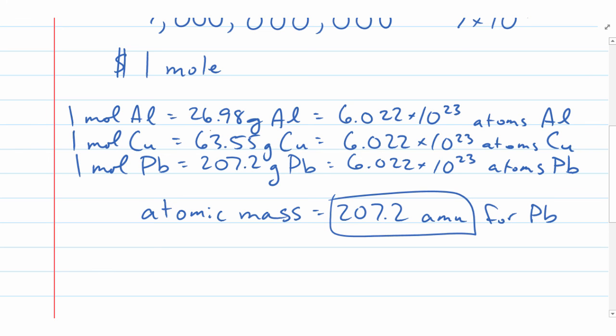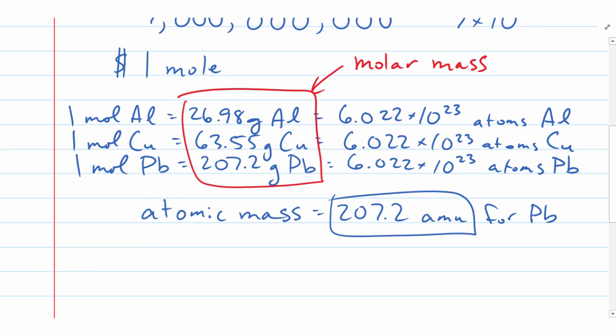Now these values right here have a name. We refer to these as the molar mass. And the molar mass is the mass of 1 mole of atoms of that substance. And you'll see that they are numerically equal to the atomic mass, but we express the molar masses in units of grams.